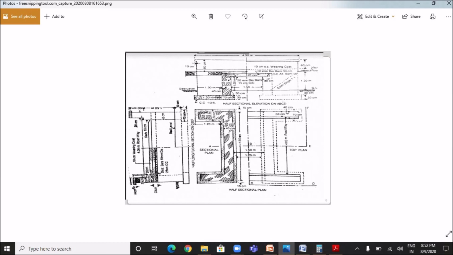So there are 2 number of rectangular openings, so number would be 2. The length of this rectangular opening is 1.5 meter and the height is 1 plus 0.3 equals 1.3 meter. And for the triangular portion, the area would be half into base into altitude. So half into, here altitude is 1.3 meters, slope is given 1:1, so the base is also 1.3, so half into 1.3 into 1.3.